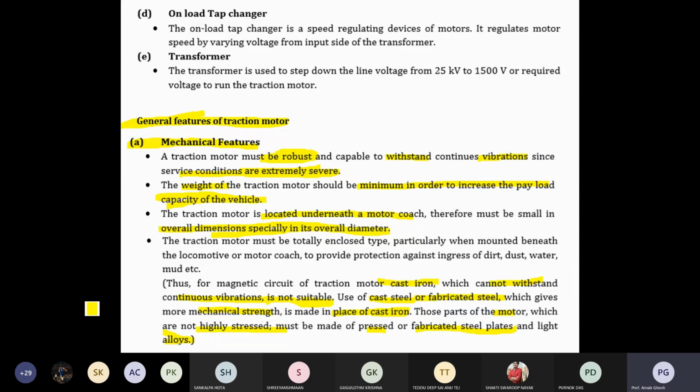We can select some lightweight alloy material that has the capability of better withstanding continuous vibrations and other metallic disturbance coming from the environment. That portion is important, and you have to think about the motor structure or the type of motor that can also work against dirt, dust, water and mud.